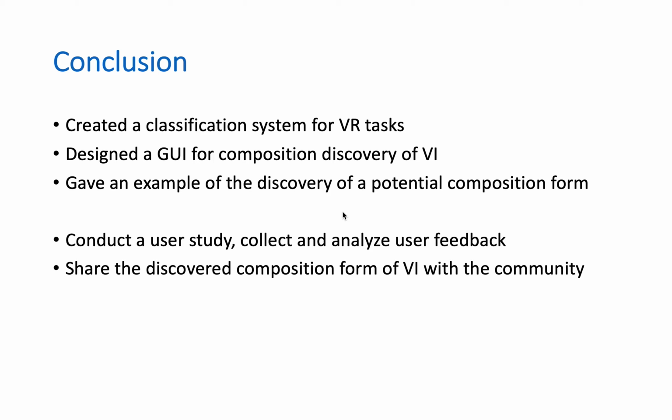For future work, we plan to conduct a user study, collect and analyze the users' feedback for the questions in our GUI, and try to find potential composition forms for view interestingness. At last, we will share the discovered composition forms with the community, so that we can advance the development of view recommendation technologies.